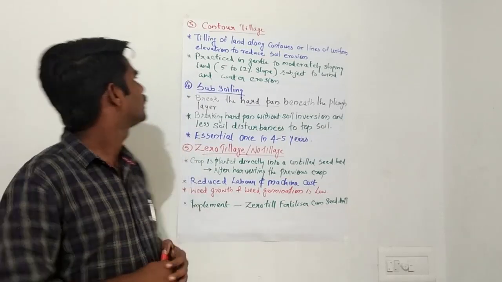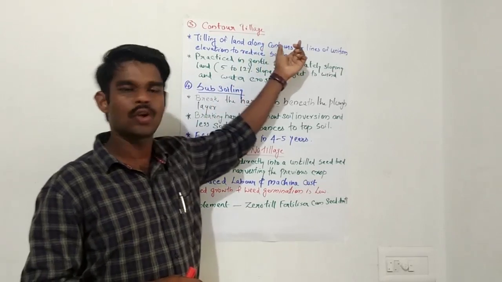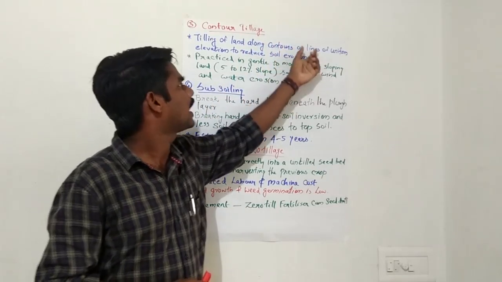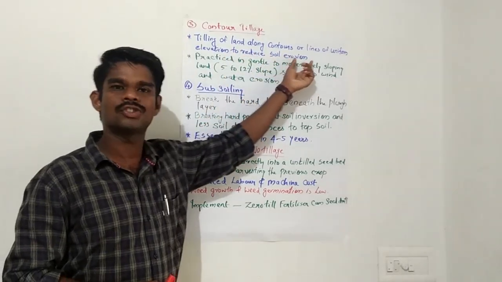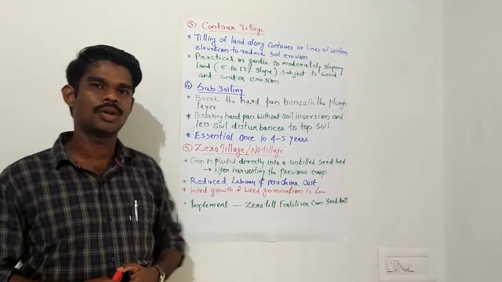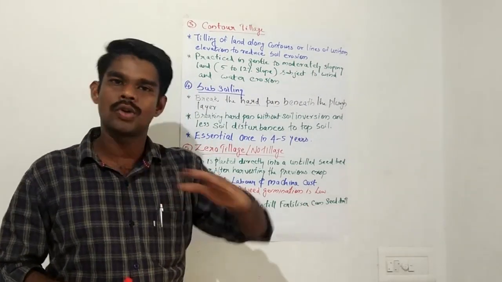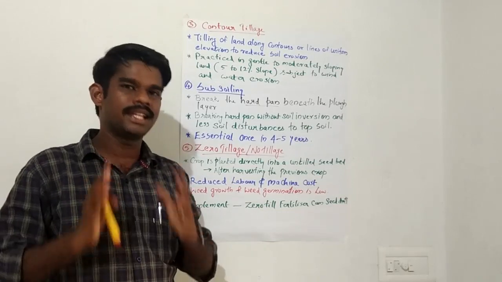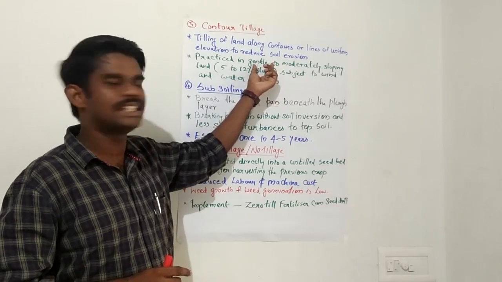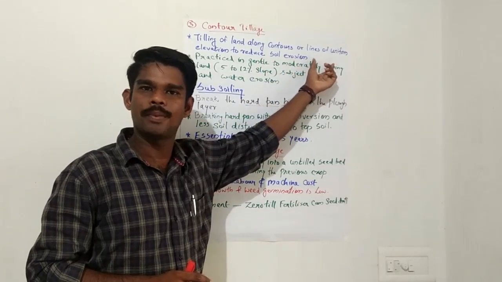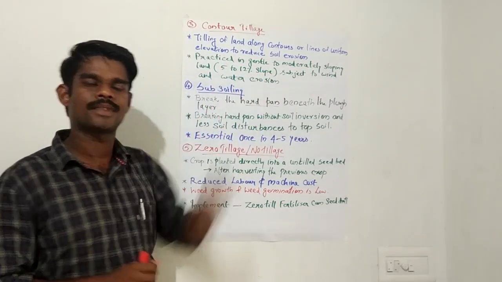Contour tillage refers to tilling of land along contour or lines of uniform elevation to reduce soil erosion. It is mainly done in areas which have a gentle to moderate slope, and the slope may be 5 to 12%.